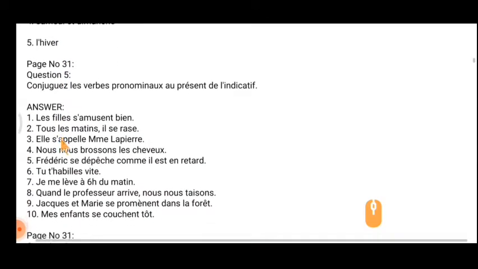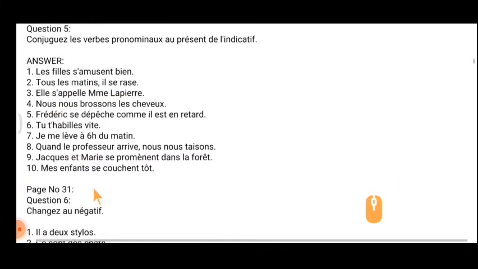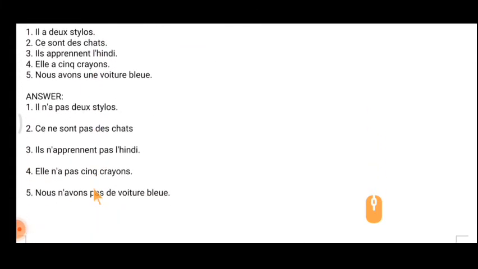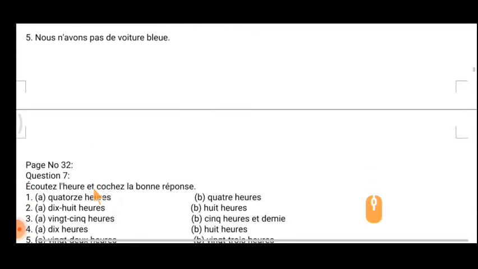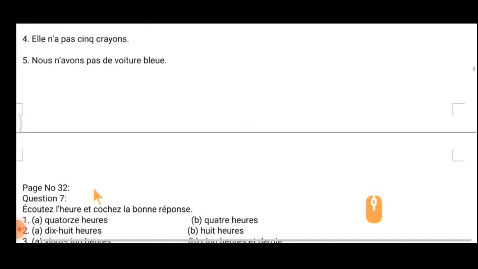Exercise number 5 is conjugation in the form of sentences. The answer is given, so the answer is included. In case you have already written the answer, cross-check your answer. And 6 is negative. Out of these exercises I'll ask 20 marks, either from lesson 3 or lesson 4.